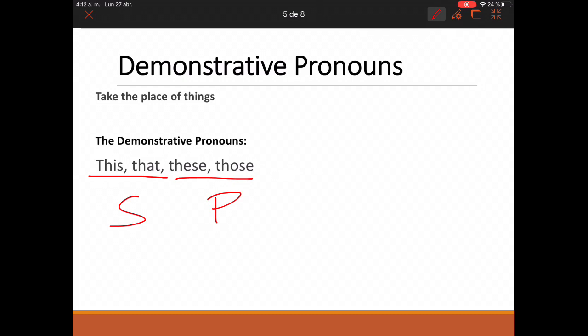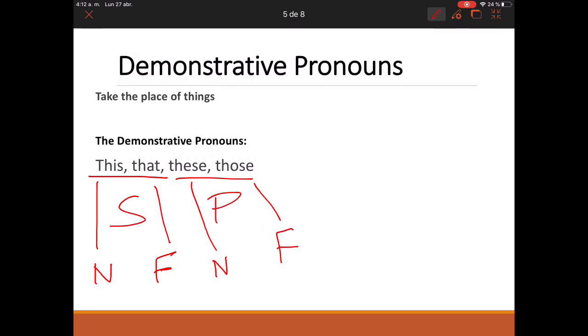This is used for something that is near you, and that is used when something is far. These is used for something near, and those is used for something that is far.